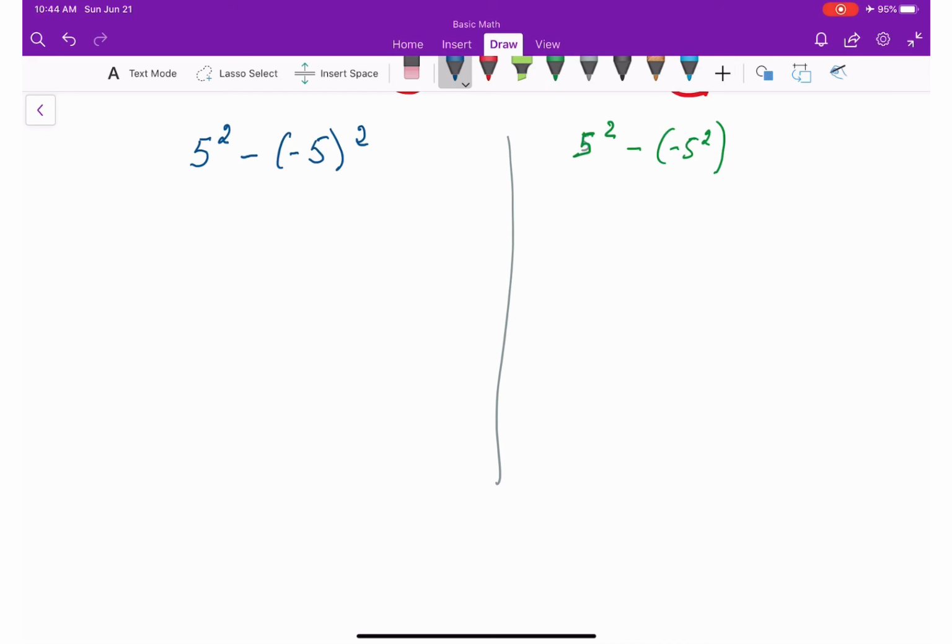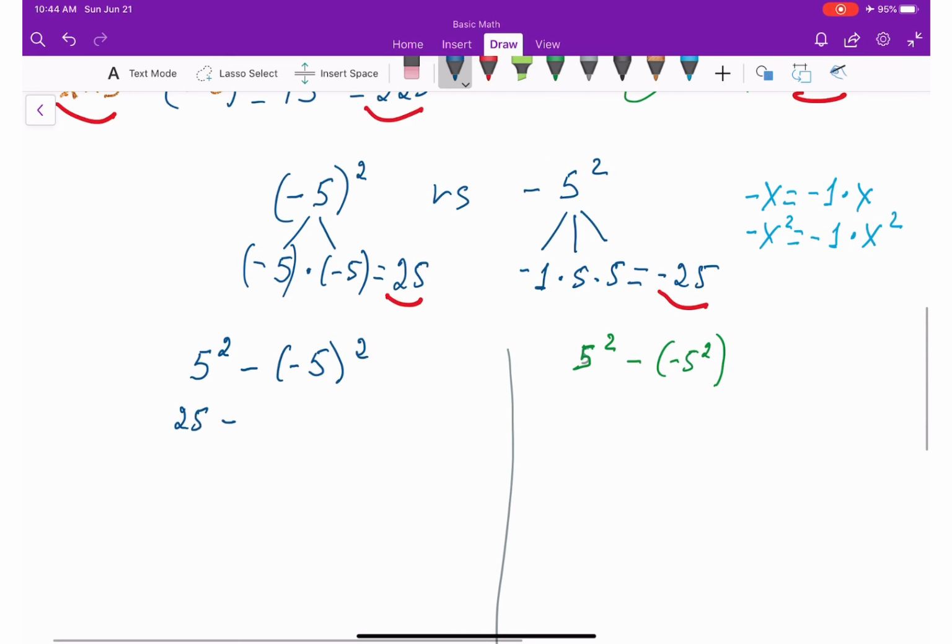Well, let's solve it. 5 squared is 25, minus, how much do we have? (Negative 5) squared. We already learned from this case, it's equal to positive 25. So we write down minus 25, and we are getting 0.